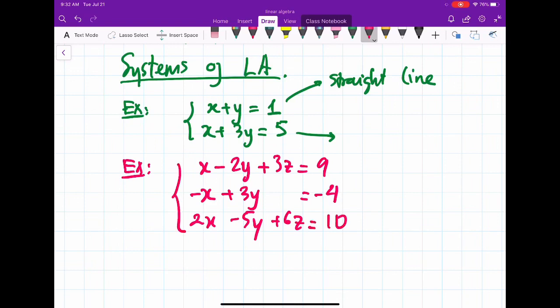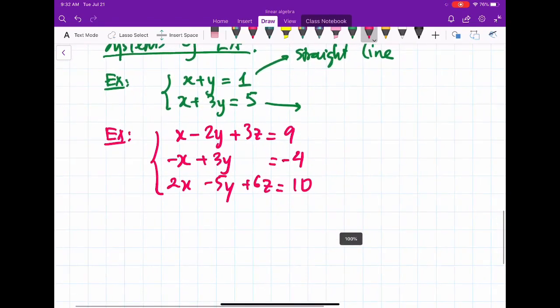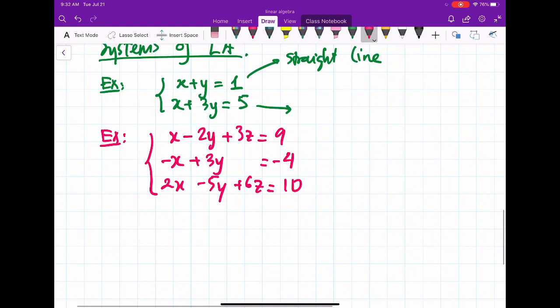A system of three linear equations in three variables. We just discussed this, right? If you have such an equation, that is the equation of some plane, right? So basically you have three planes in here, and solving this system means you need to find the intersection of three planes. Does that make sense?